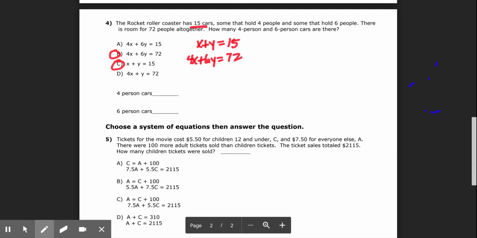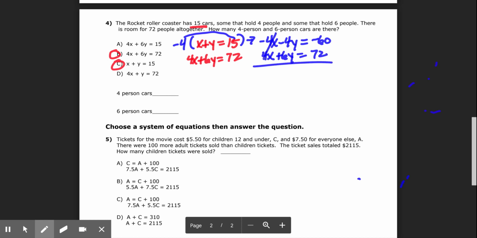Really it doesn't matter what we do because we have to find both of them. So let's just eliminate the x's. We're going to multiply this top equation by negative 4. That's going to give us negative 4x minus 4y. And don't forget, negative 4 times 15 will give us negative 60. And then this bottom equation will stay the same: 4x plus 6y is equal to 72.